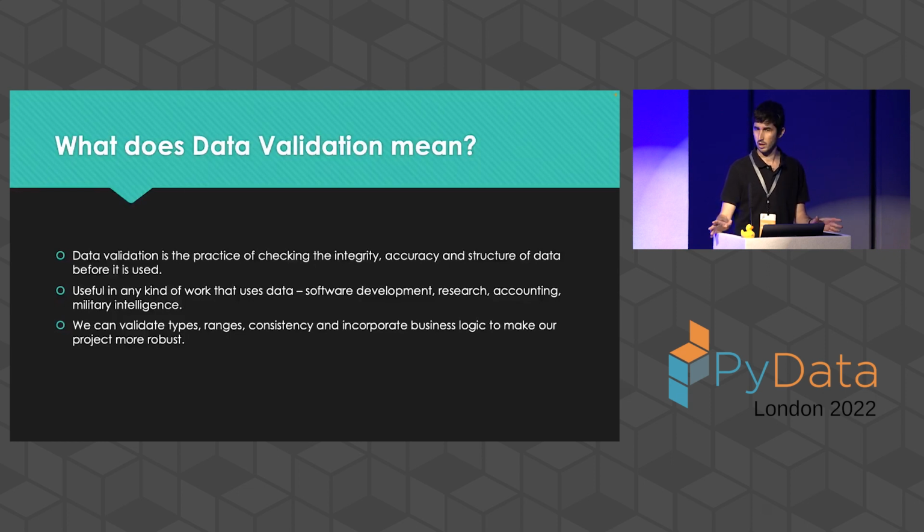And if you're working in research and you're getting a new batch of data, then you should probably make sure that it is all okay. The kinds of things we can check for when doing data validation are endless. We can validate types, ranges, consistency, and mostly for our data science use case, we want to incorporate the business or the research logic to make our project more robust.